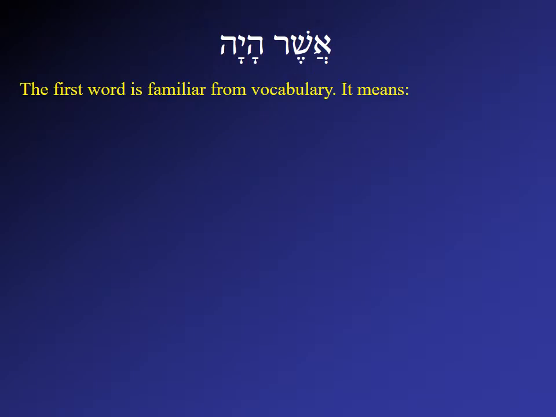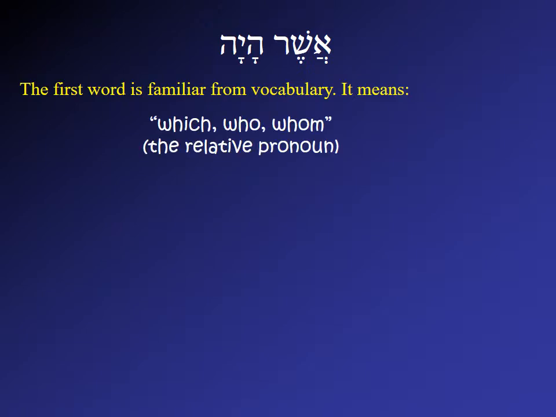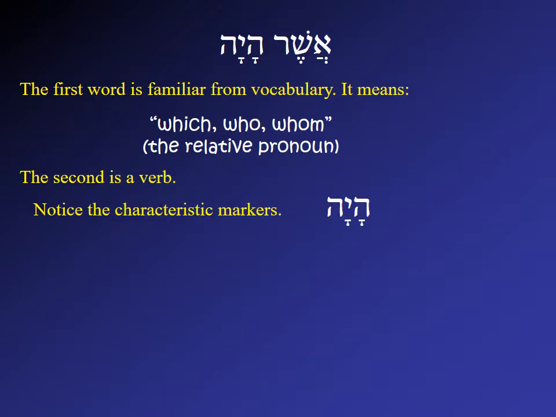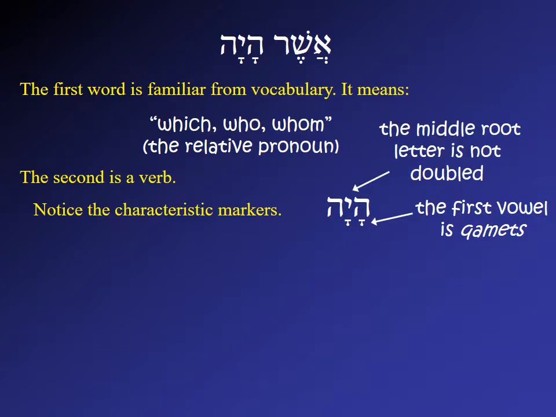Now we need to translate our second phrase, Asher Haya. These are both vocabulary words. Asher is the relative pronoun, which we can translate as which or who or whom. The second is a verb. Notice the characteristic markers here. You have a qamets under the first root radical.